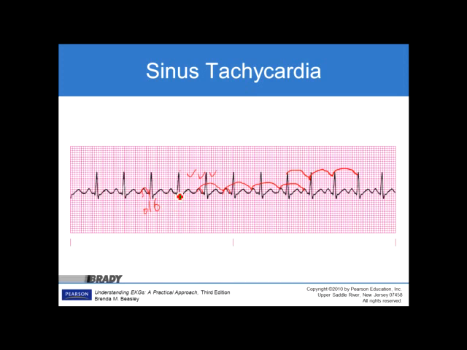There is. What is the width of the QRS? It is 2 boxes or 0.08. This is sinus tachycardia because it originates from the SA node, since there's an upright P wave, and it's greater than 100 beats per minute.